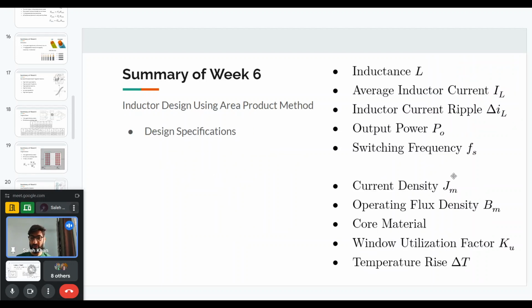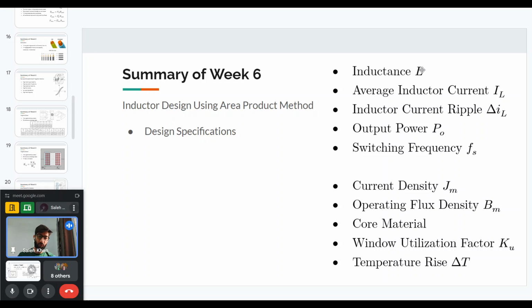So now the steps for inductor design using this area product method is that first of all, we will have some design specifications. So we will have two kinds of specifications. One will be related to the converter. So for example, we have a particular inductance that we require.